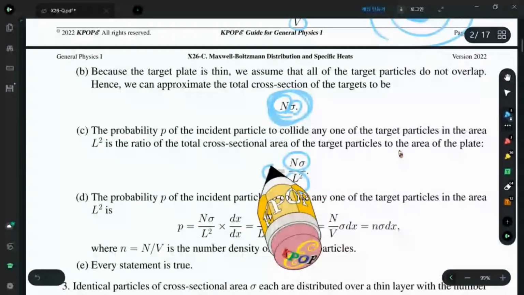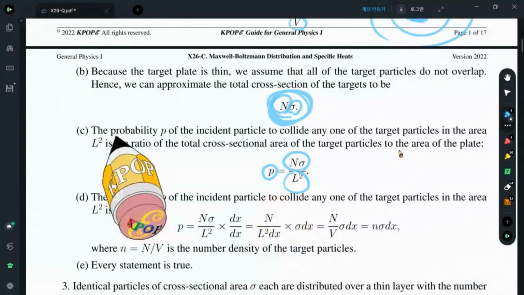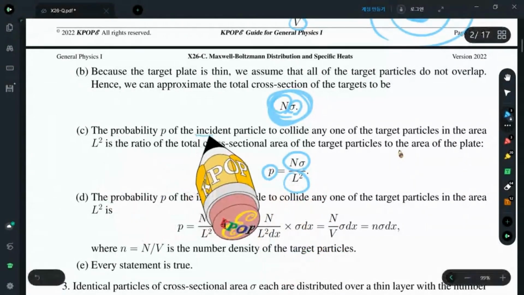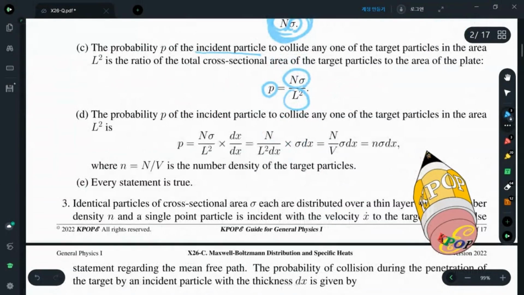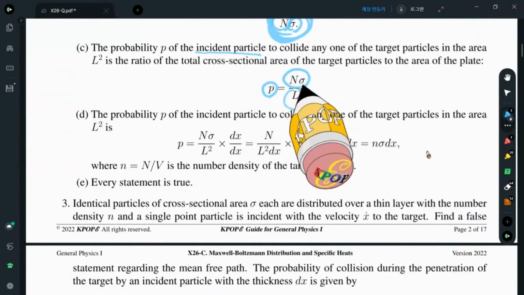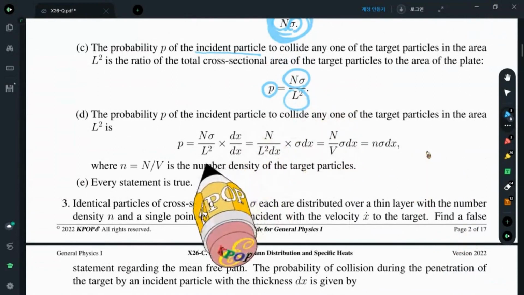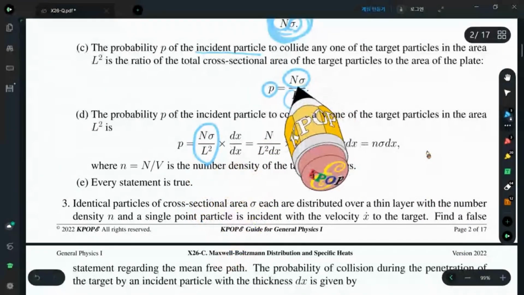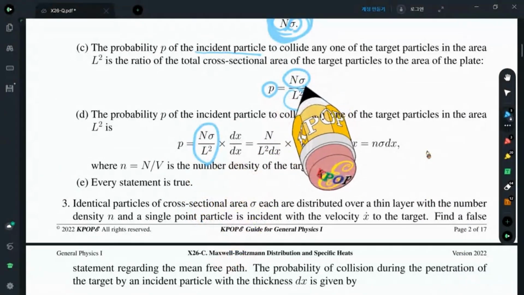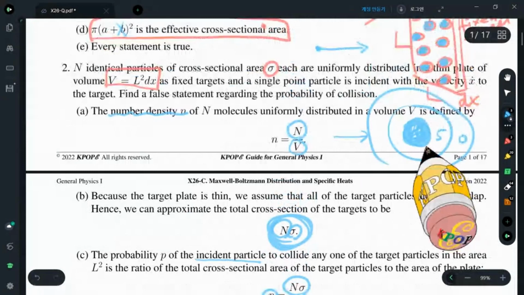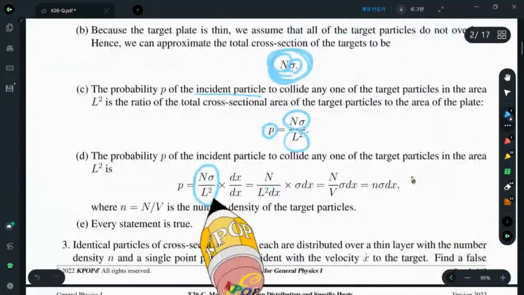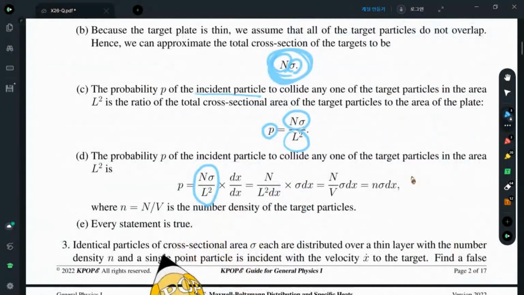So that is the probability of making a collision of the incident particle. Let me rewrite this one. This one is the area of the pure target, divided by the area of the whole plate.